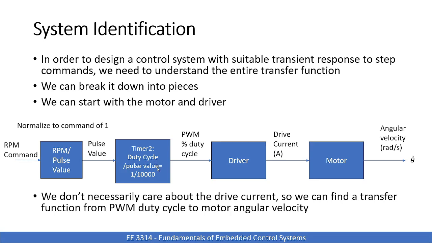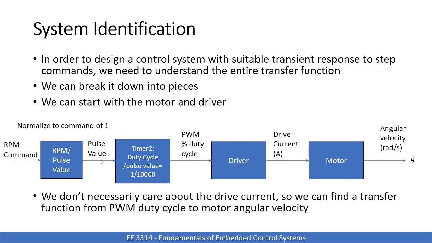So when we put in a pulse value in the code, that's going to vary between 1 and 10,000. So we must be using an ARR of 10,000, so that pulse value can vary. So duty cycle per pulse value is 1 over 10,000.